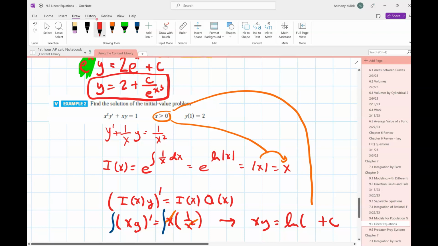I guess I don't really need the absolute values there.